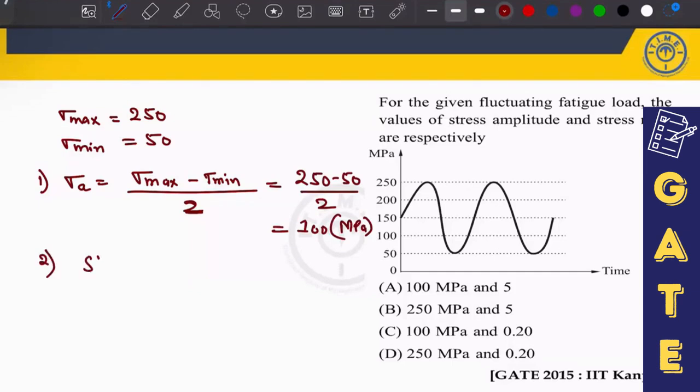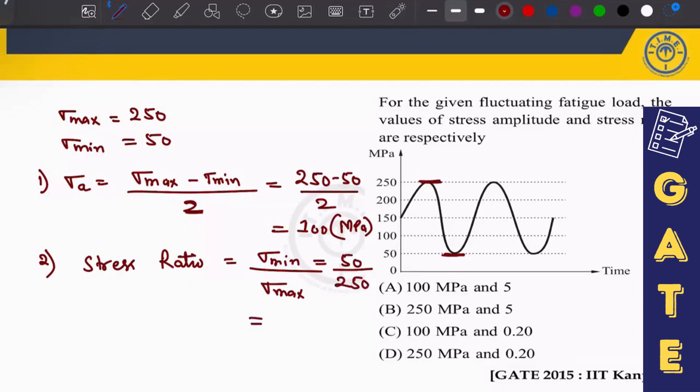So you have to calculate the stress ratio. The stress ratio can be written as sigma min divided by sigma max. What is the minimum stress? Minimum stress is 50, maximum is 250. So can I say 50 divided by 250 is nothing but 0.4, which is 1 by 5. Okay, so that means which option is correct? Option C.